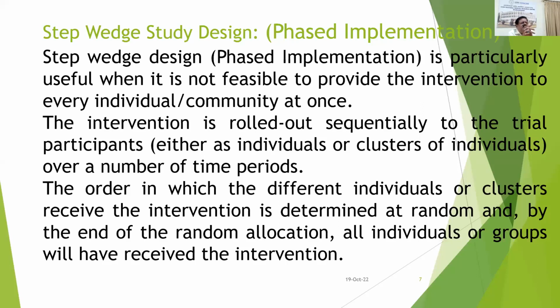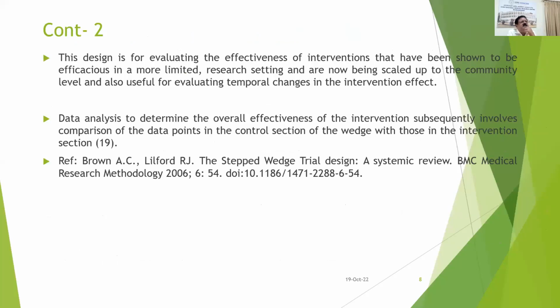The order in which the different individuals or clusters receive the intervention is determined at random, and by the end of the random allocation, all individuals or groups will have received the intervention. Here, the statistician should allocate the randomization and the PI should be blind in this factor for better results.